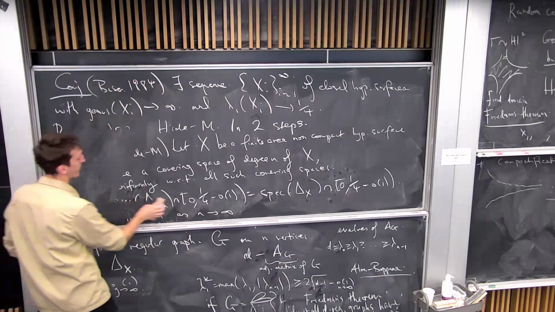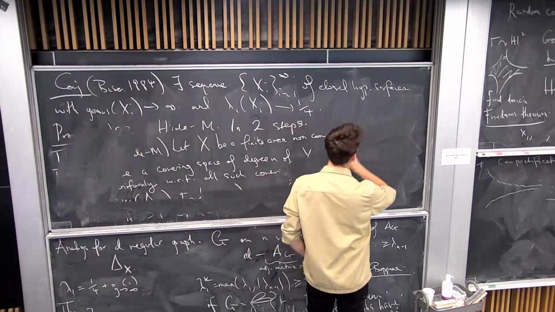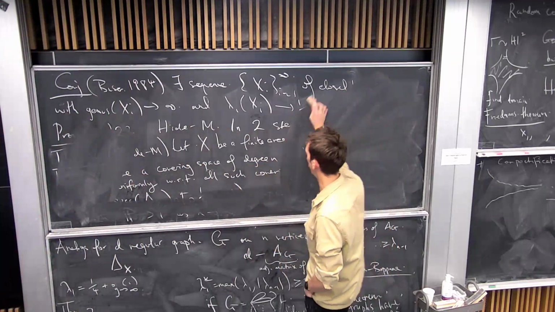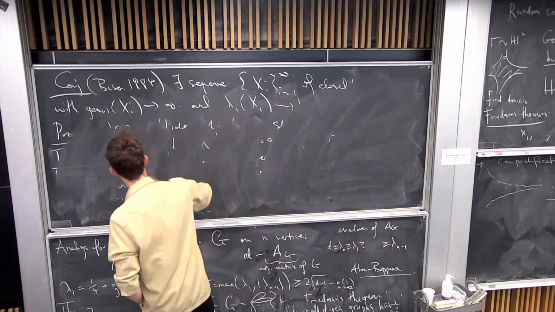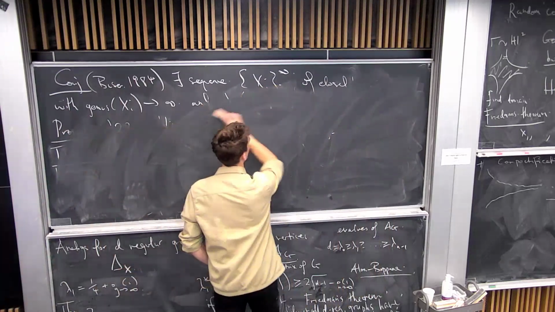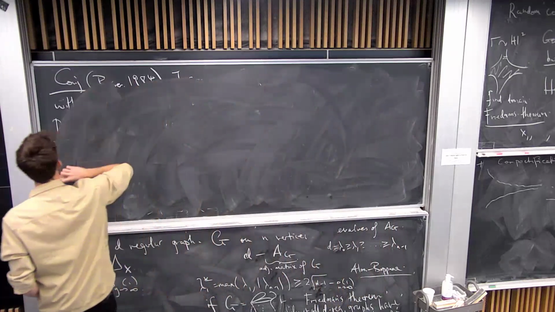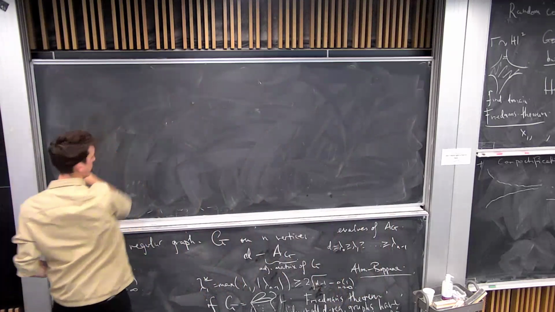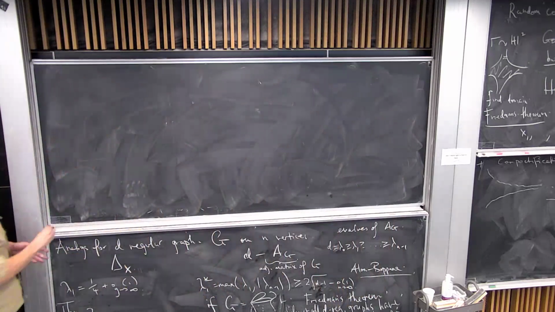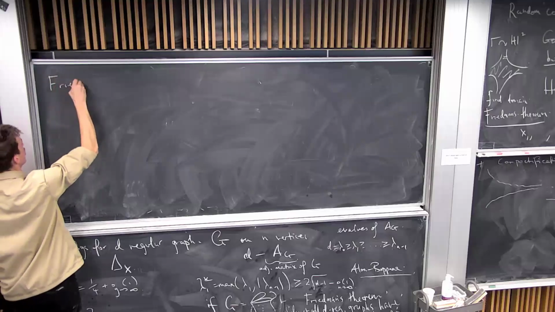So what's nice about Friedman's theorem is that you can construct the adjacency operator of a random regular graph directly from these permutations. So one way to state Friedman's theorem is just directly using these permutations. It's that.